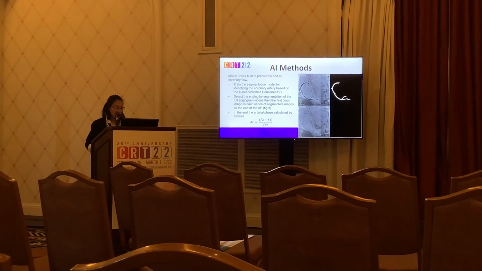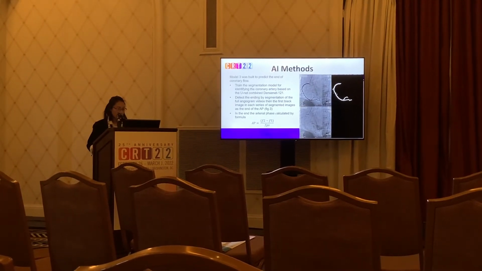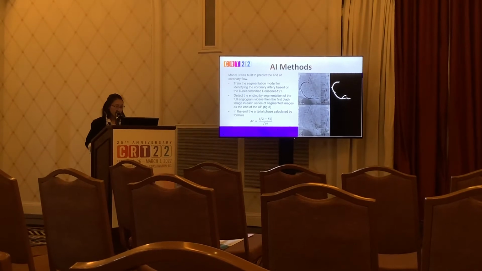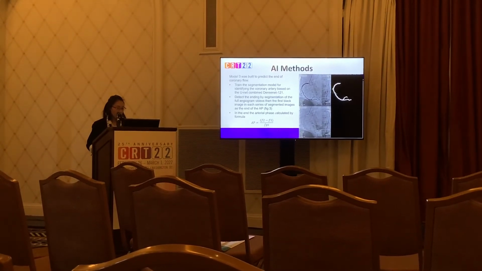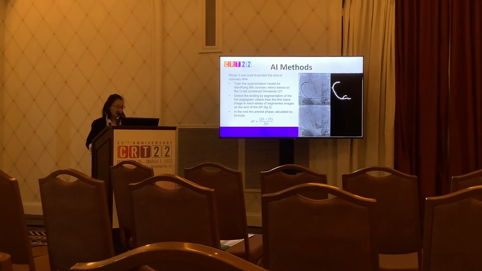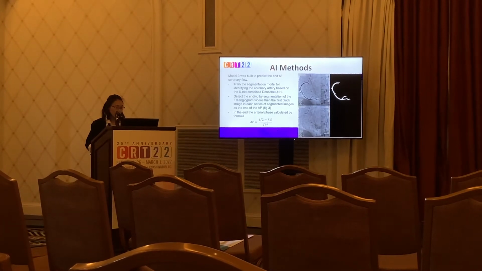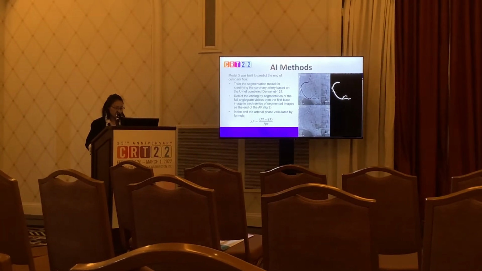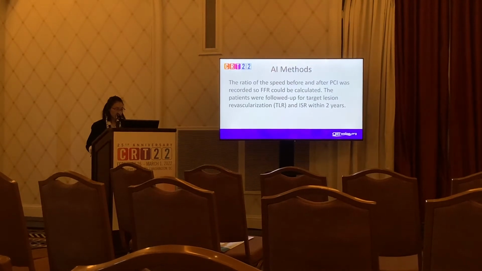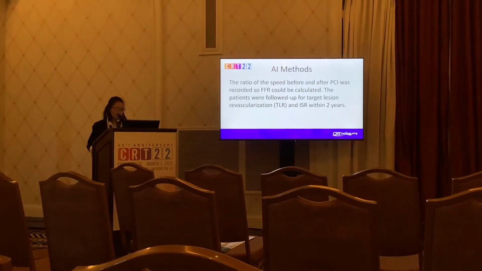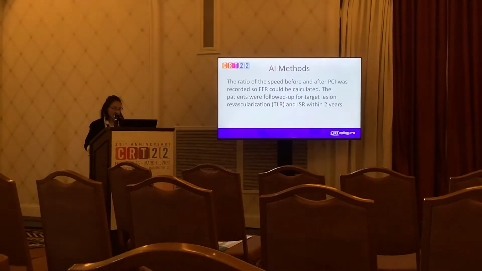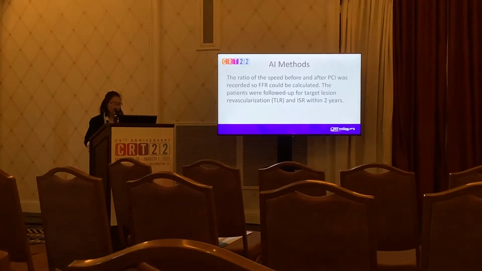This is F2. At the end of the arterial phase, we calculate by formula F2 minus F1, and then divide by the frames per second. The ratio of the speed before and after PCI was recorded, so FFR could be calculated.